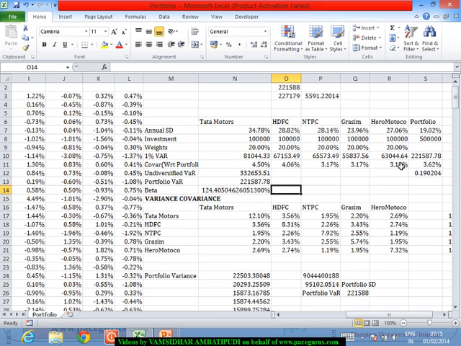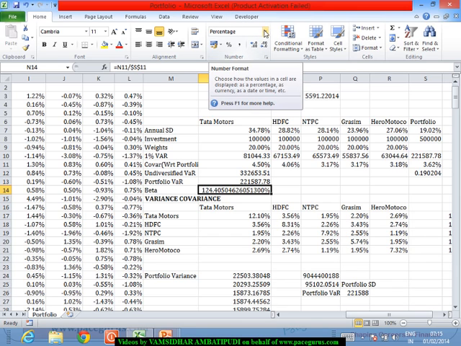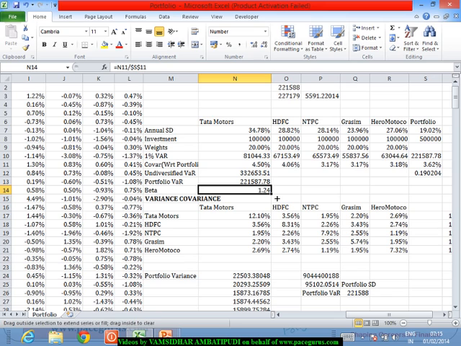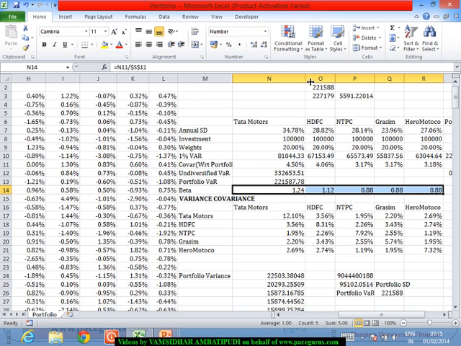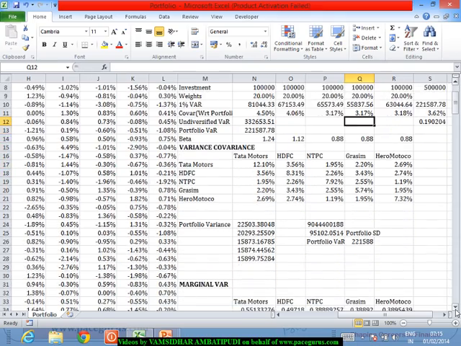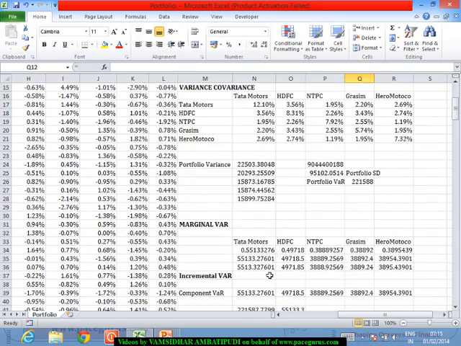Okay, so in this case the beta is coming out to 1.24, and for the others the betas are 1.12 and probably 0.88. So which means I could have got even the marginal VAR using the beta kind of a formula also.